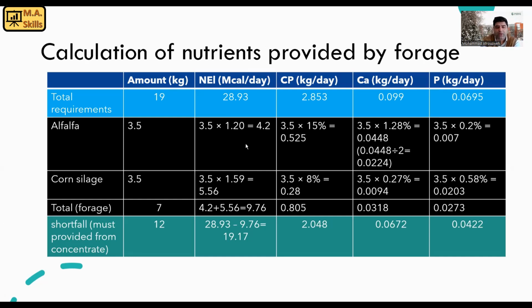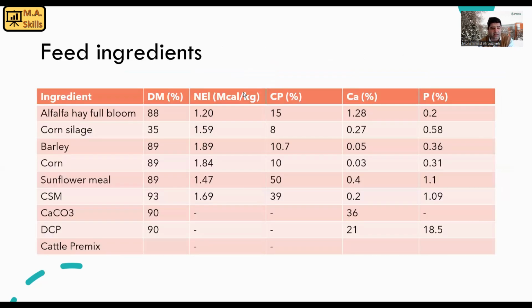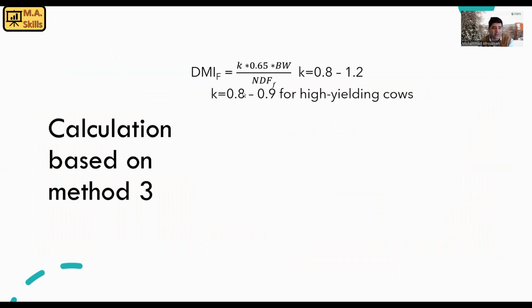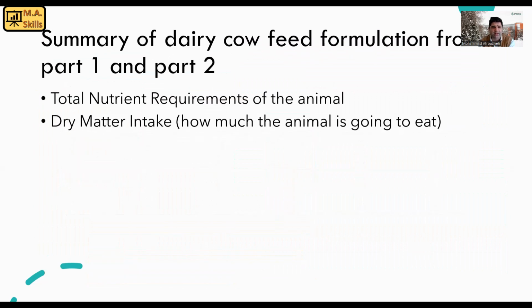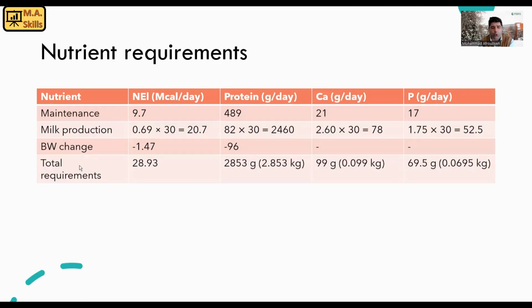Anyways, so if you look here, we have total requirements for energy, protein, calcium, and phosphorus. So, for example, the total amount of energy is 28.93 megacalorie per day. If you remember from our previous episodes, we calculated the total requirements here, right?